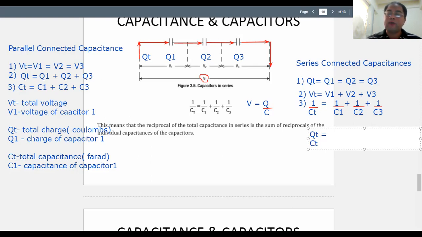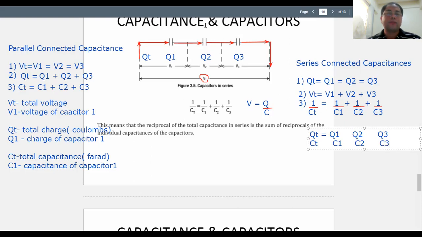Our V1 is Q1 divided by C sub 1. And then our Q sub 2 divided by C sub 2. What value is Q2 over C sub 2? What is this value equal to? If you divide Q sub 2 by C sub 2, that equals our V2.